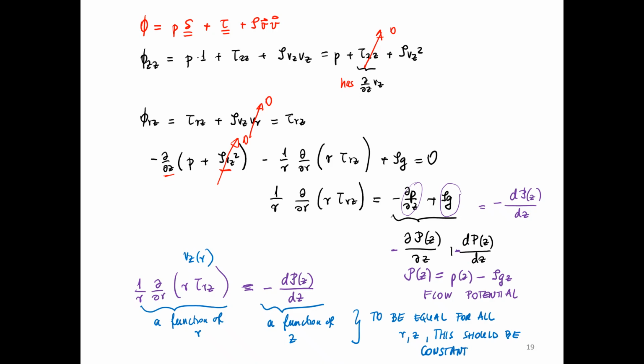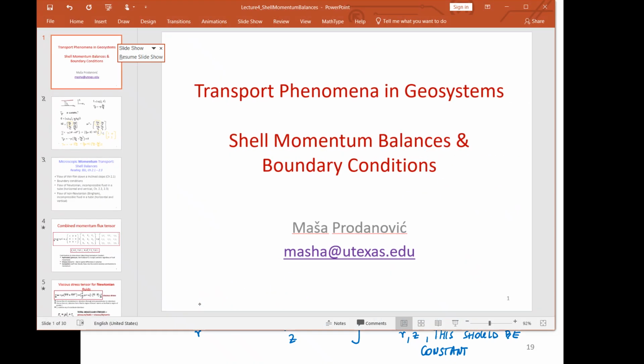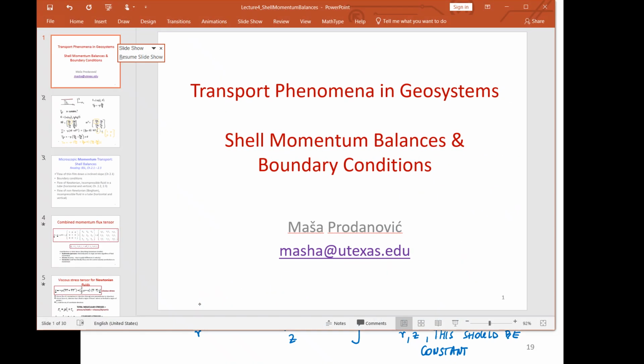And that's great because that's going to help me solve the problem. So dp dz is a constant, so really the pressure will be a linear function. And my 1 over r ddr of r tau rz is a constant, and we're going to solve that for shear stress and ultimately velocity distribution. Okay, so that's what we're going to move on and solve next.